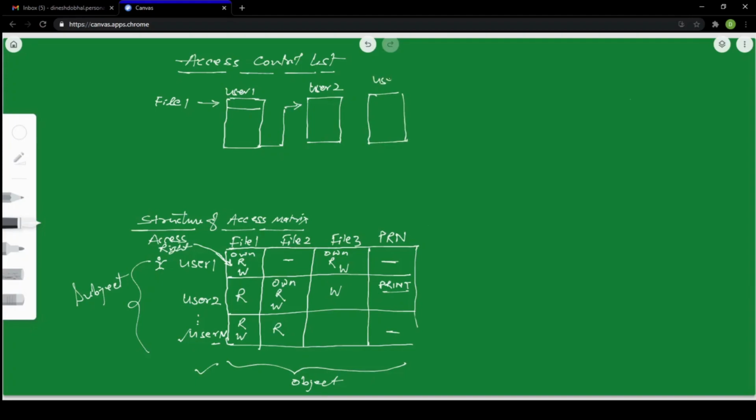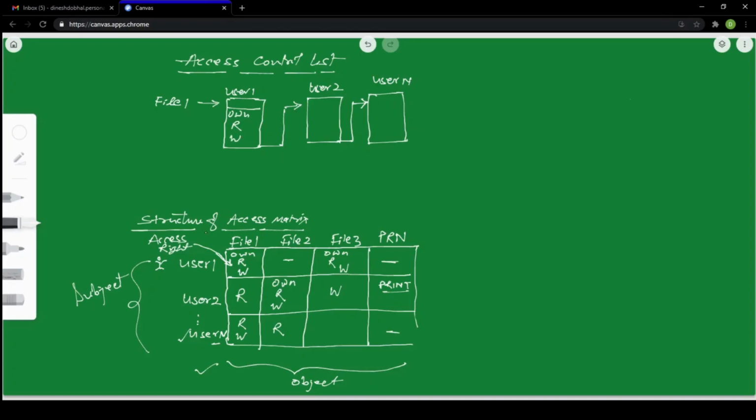So this is user n, and because this is a linked list, all these blocks are linked together. Inside these blocks, access rights are written. As for user 1, owner, read, and write. Three permissions are given to the user 1.